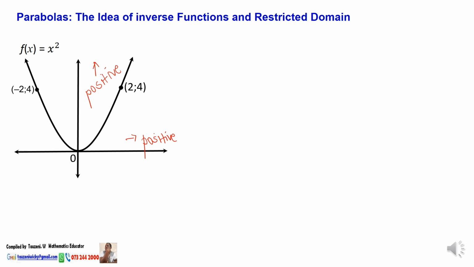So without any coordinates, I can make a sketch of the inverse function because I know the shape of the graph. If the graph is facing the positive side, then the inverse is also facing the positive side. So right now, the graph in black is f, and the one in red is the inverse of the one in black.